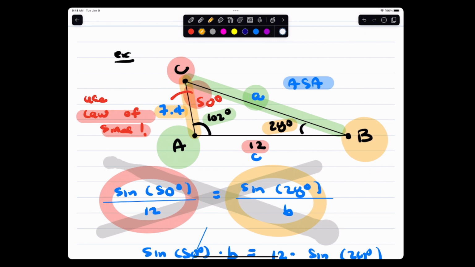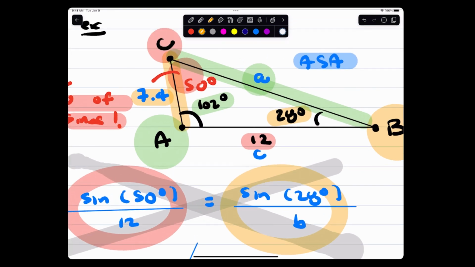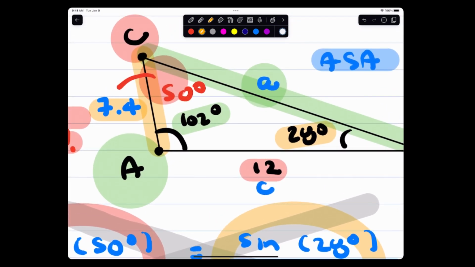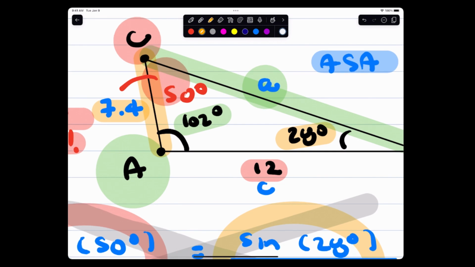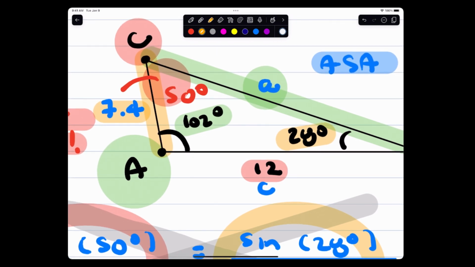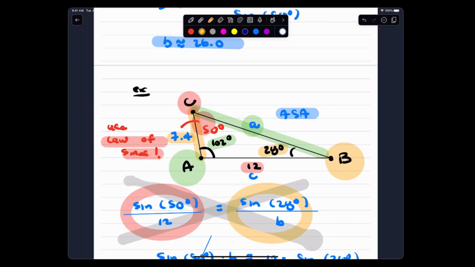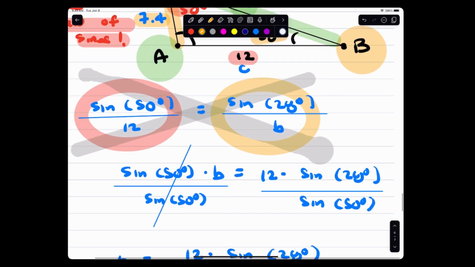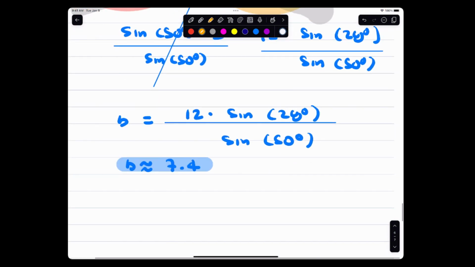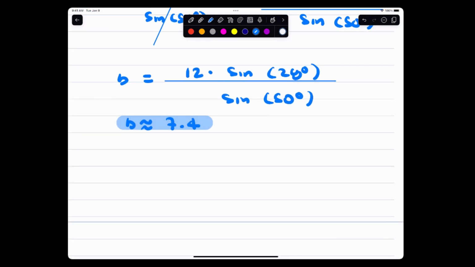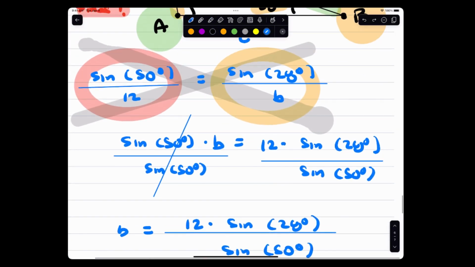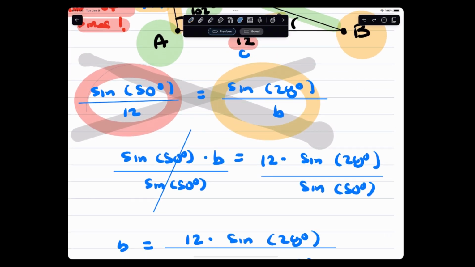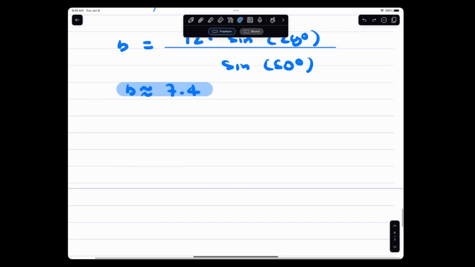How do we get side A now? Do you guys know? We have to use what angle? What's opposite? Do you guys see it in colors? A, green, and 102 degrees, right? So what you'll do now is you can use the same sine of 50 degrees, right? We could use this already.